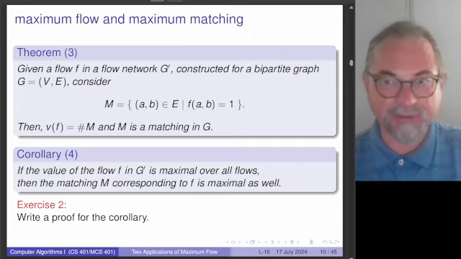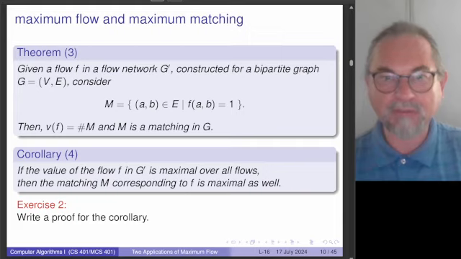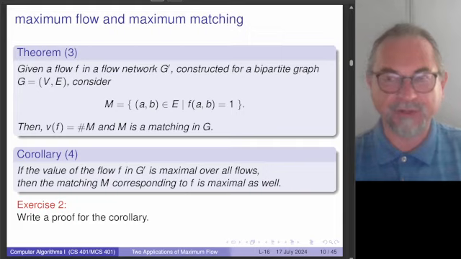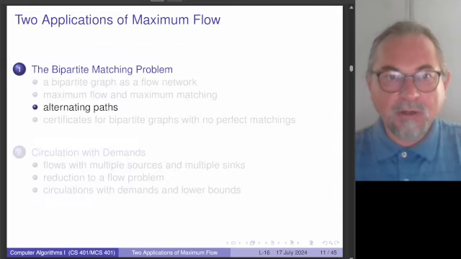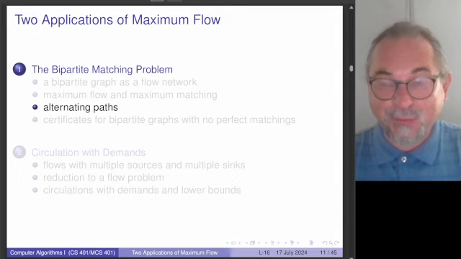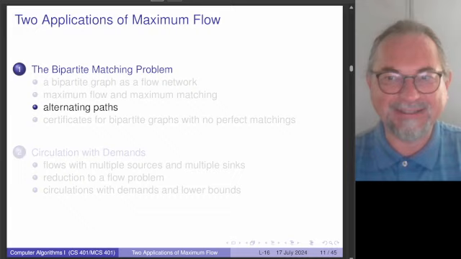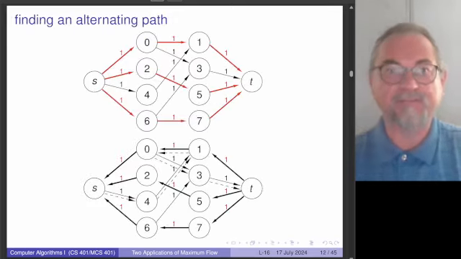And it is essentially using the statement of the theorem and the properties of the relationship between the matching and the flow. But since it is so important, it solves the original problem, we need it proven. So the two exercises actually are very important.